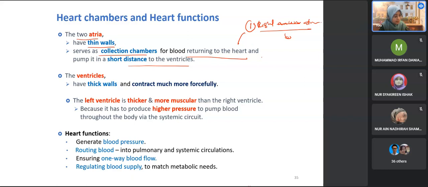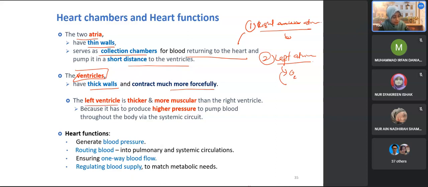Okay, tapi kalau the left atrium, it receives oxygen rich blood coming from the pulmonary circuit, coming from the lungs. Okay, so the ventricles have thick walls and contract much more forcefully.